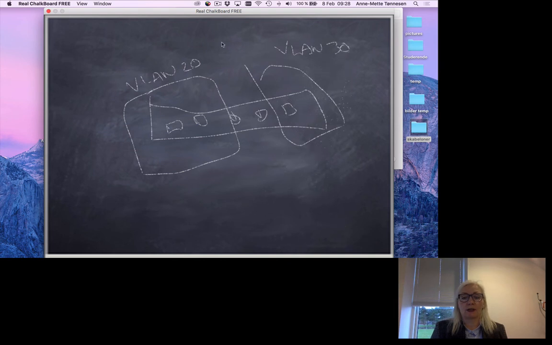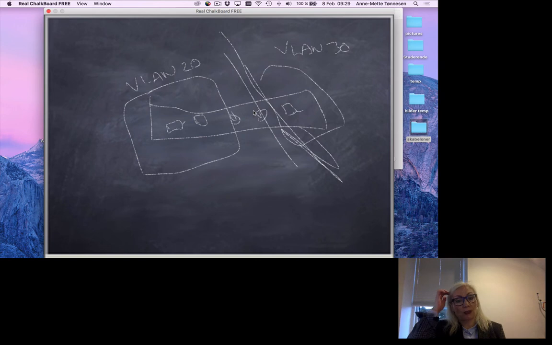What I actually do is cut my switch into smaller parts. They will not be able to see each other, these VLANs. So if I put something in here, they will not be able to see what's put in on VLAN 30, for instance. So I actually divide my switch into many different segments or smaller parts.